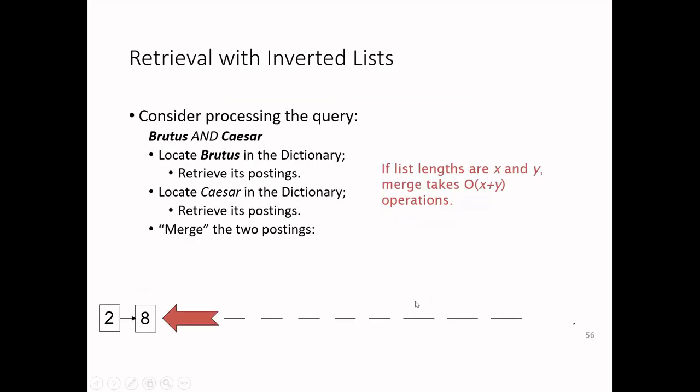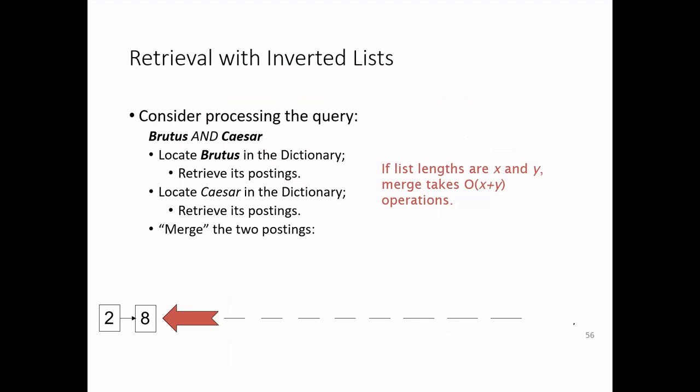And once the posting file has been created, then we can use those posting files to do the query processing. For example, if you were to give a query to retrieve all the documents that have Brutus and Caesar, we will locate Brutus in the dictionary and retrieve the corresponding postings.